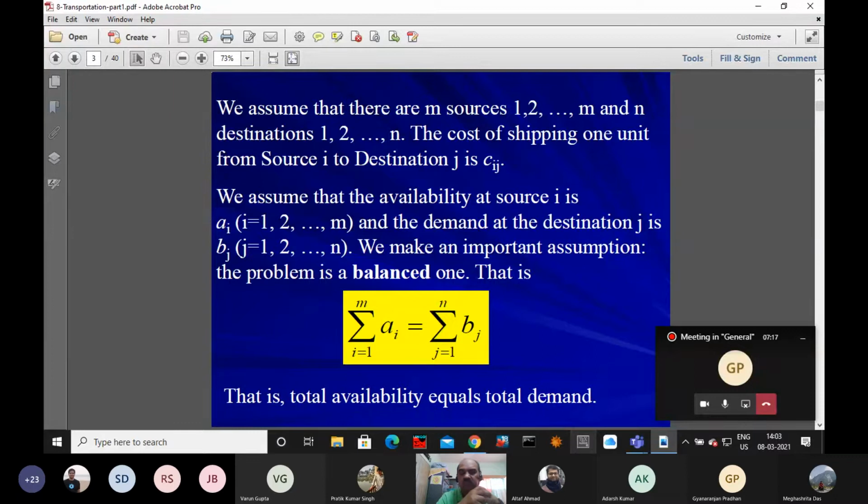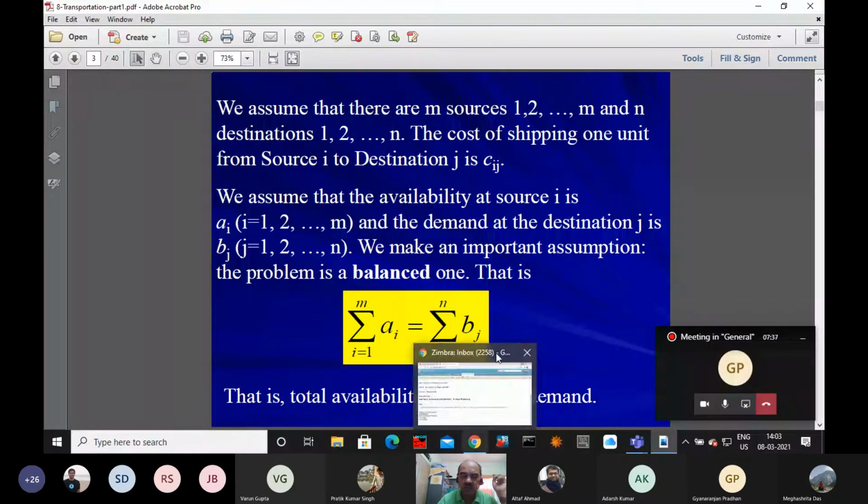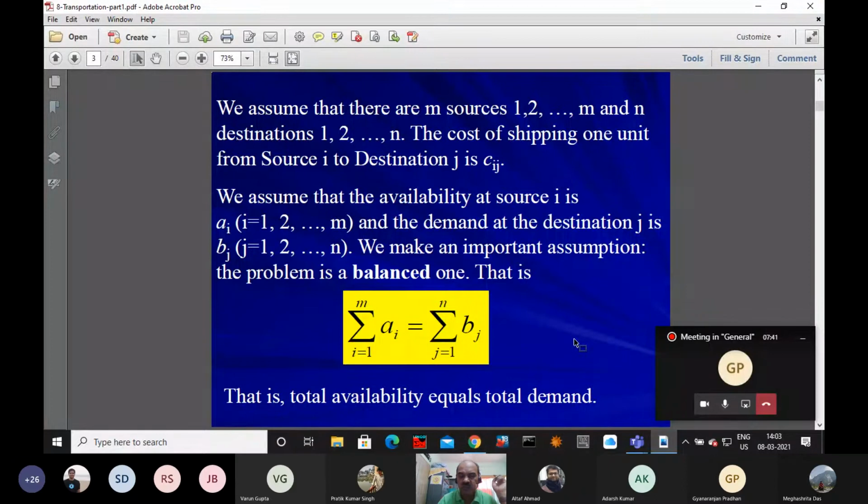Here we make an important assumption: the problem is a balanced one, meaning whatever is available is equal to the total demand. That is, the summation over i from 1 to m of Ai is equal to the summation over j from 1 to n of Bj. The total availability is equal to the total demand.